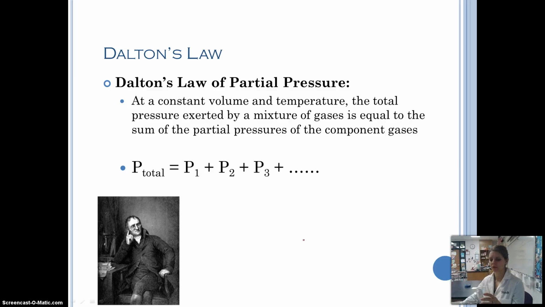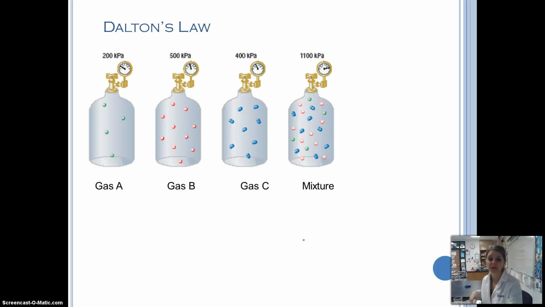My P total is, if I pour these gases into the same container, same size container, all the gases at once, what do you think the pressure of this container is now? You might have guessed it. Yep, it's 9. The total pressure is just the additive of all the individual pressures. Doesn't matter what kind of gas it is, just how much of the gas you have. So that's all Dalton's law is trying to say.